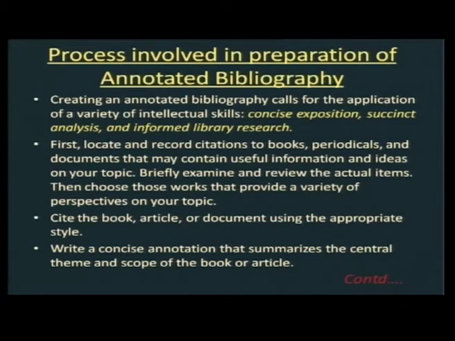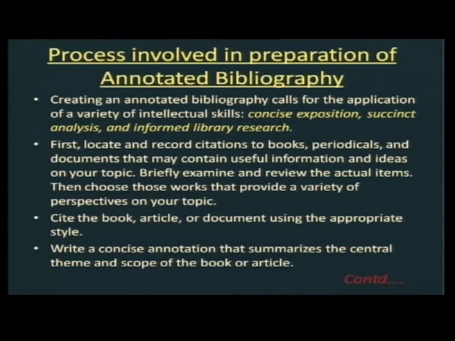Creating an annotated bibliography calls for the application of a variety of intellectual skills, for example, concise exposition, succinct analysis and informed library research. So, three components. First, locate and record citations to books, periodicals and documents that may contain useful information and ideas on your topic.